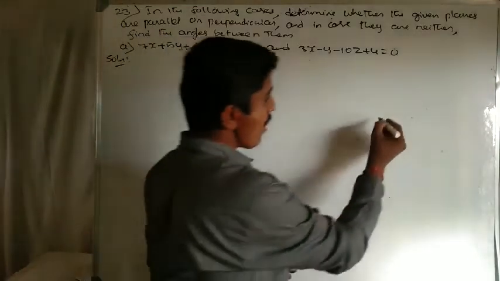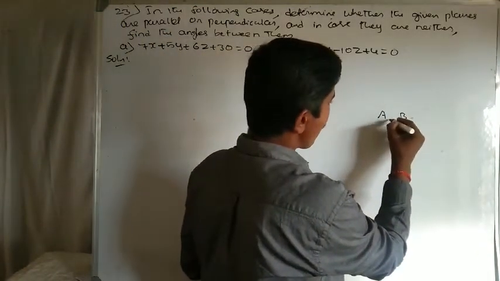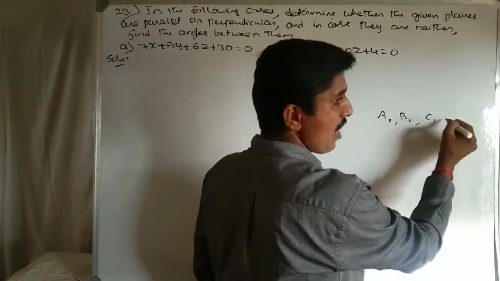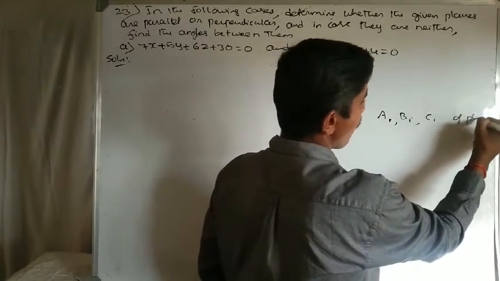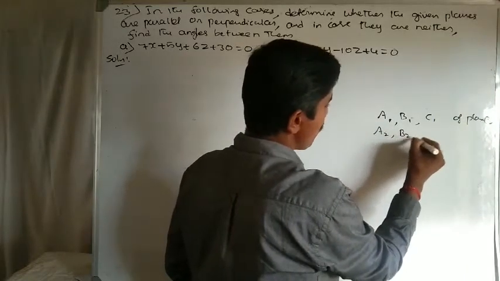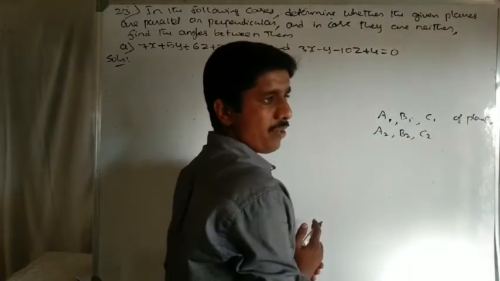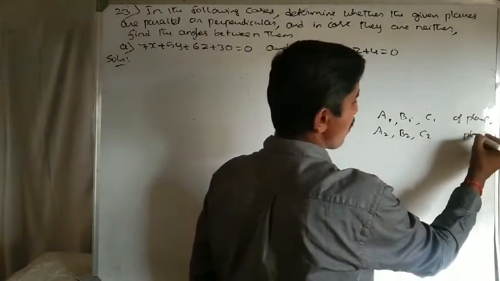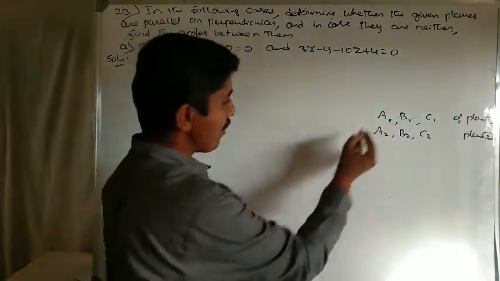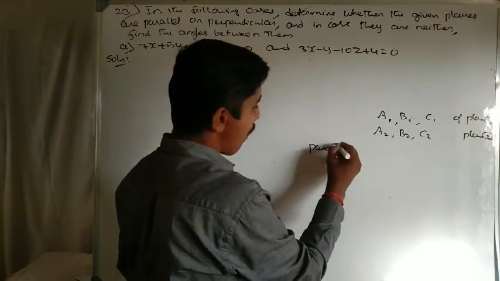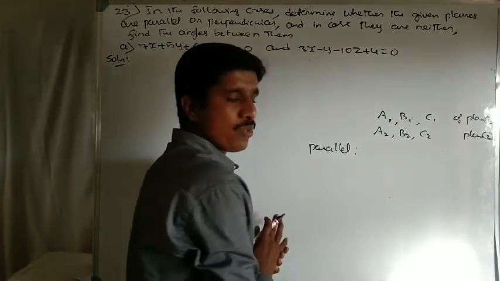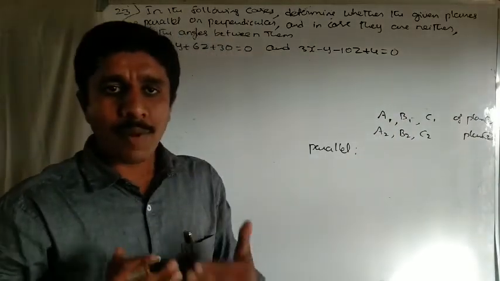Mind it here, A1, B1, C1 are the direction ratios of the normal to the first plane, and A2, B2, C2 are the direction ratios of the normal to the second plane. When we say two planes are parallel, it means the corresponding direction ratios of the two planes are proportional.